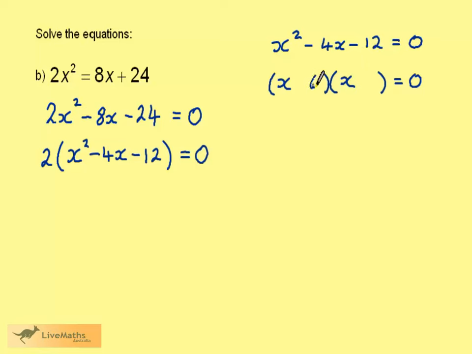To get 12, if we use 6 and 2, with this a minus and this a plus, we know that minus 6 times plus 2 gives minus 12, and we have minus 6x plus 2x giving minus 4x. The first bracket gives x equals 6, and the second bracket gives x is equal to minus 2.